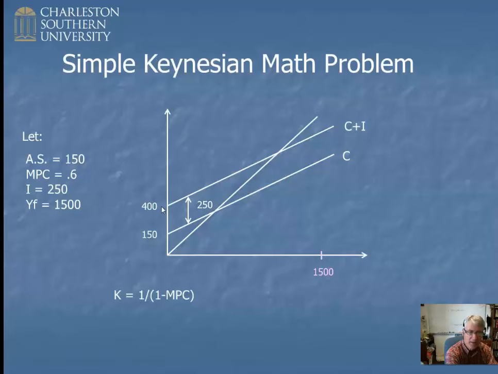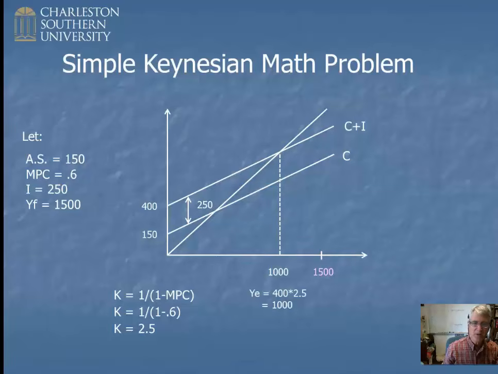And then we can calculate the multiplier. It's 1 over 1 minus MPC. MPC was 0.6. Right? So 1 divided by 1 minus 0.6 is the same as 1 divided by 0.4, and that is 2.5. If you don't see that, stop this video and work it out on your calculator. You should get that the multiplier is 2.5.